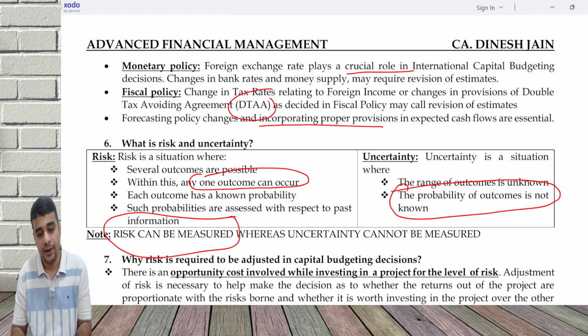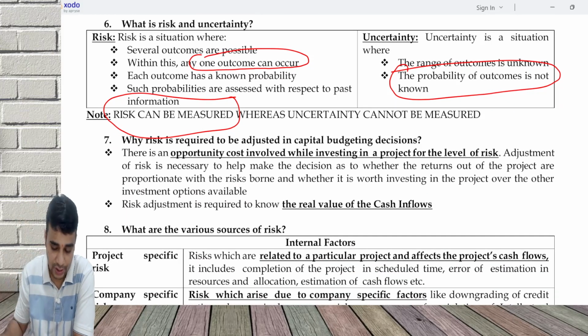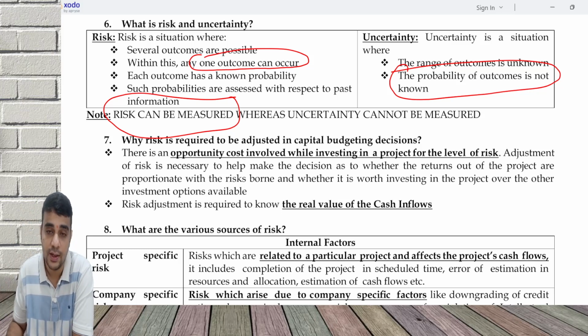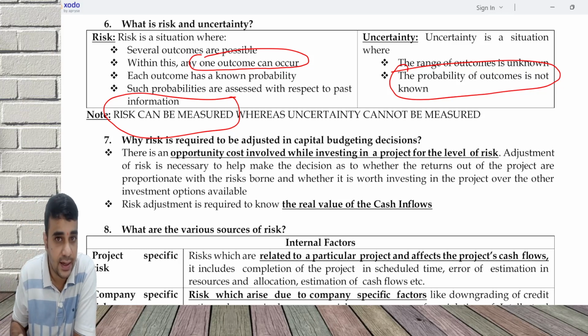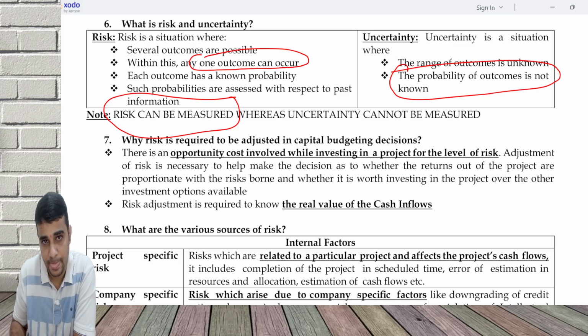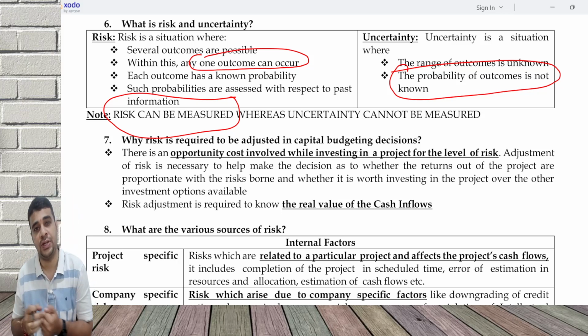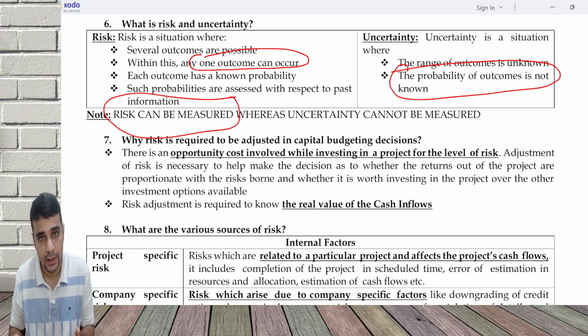Now, why is risk required to be adjusted in a capital budgeting decision? You have told me that risk is critical to be incorporated. Understood. Why should I worry about risk? Risk adjustment is very critical because, let's assume, a company has 20 projects to be done. If you just go by the normal capital budgeting decision, you focus on the maximum NPV.